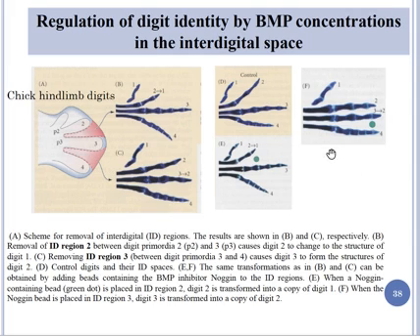So this means that the BMP factor present in the interdigital zone is highly important for regulating the digit identity, since when we remove the zone, or inhibit BMP by noggin expression, we can modify the identity of the digits.